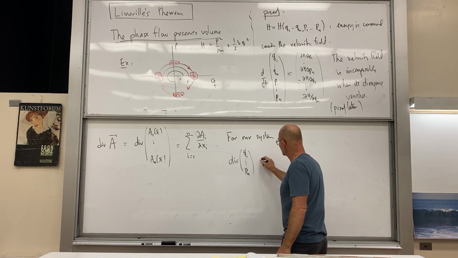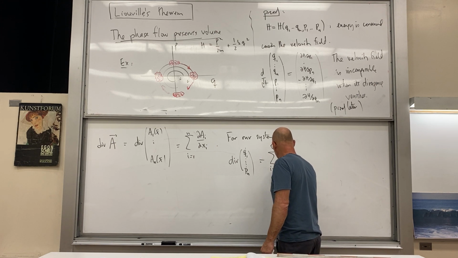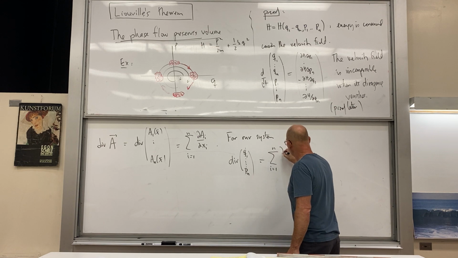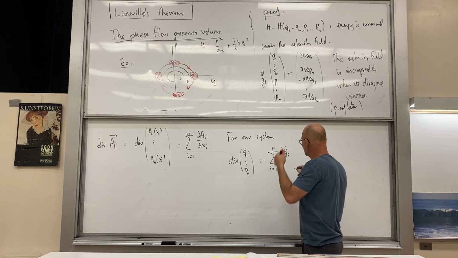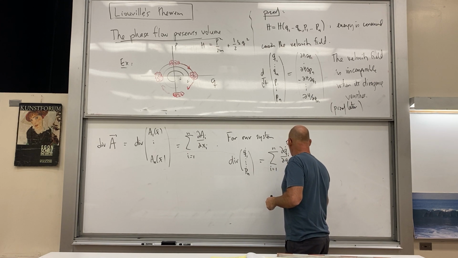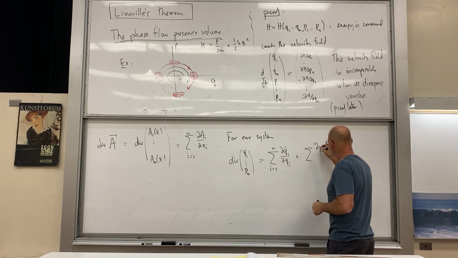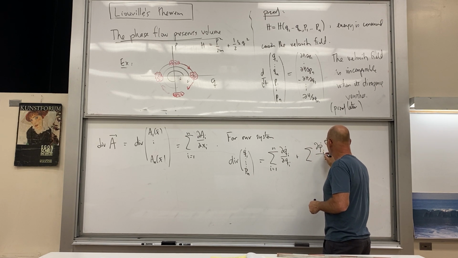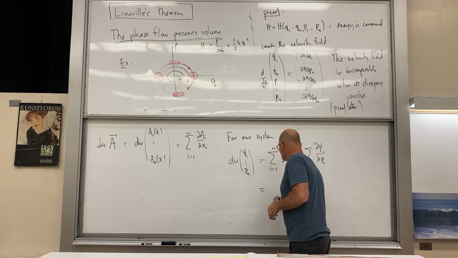I'll write that in shorter form. That's going to be two sums. We're going to have i equals 1 to n of d qi dot dqi, plus the next sum is going to be d pi dot dpi, and let's see what we get.